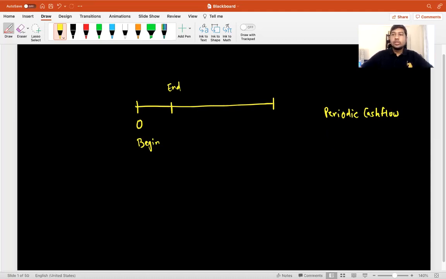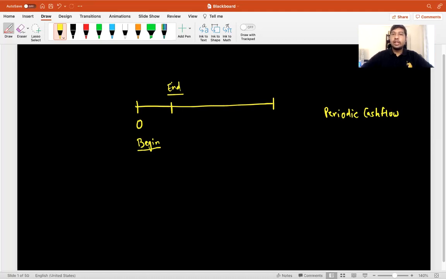Okay, so if it is a periodic cash flow, you need to see when is this periodic cash flow happening. Is it happening today? In that case, the option that you need to choose is begin. In case if the periodic cash flow is happening at the end, that means at some point in time in the future, then in that case, the set that you need to choose is end.